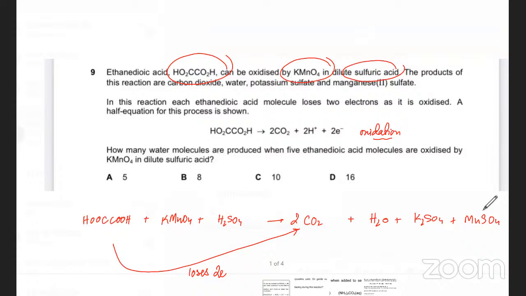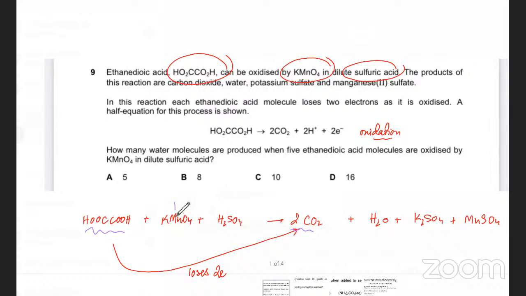But the important part is they also told us that when this turns into 2 carbon dioxides, it loses how many electrons? It loses 2 electrons. So who's gaining electrons in this equation?